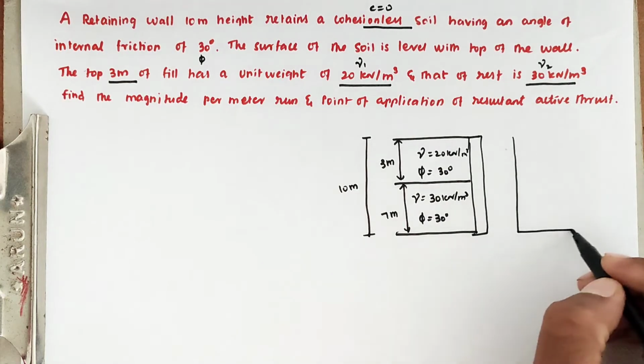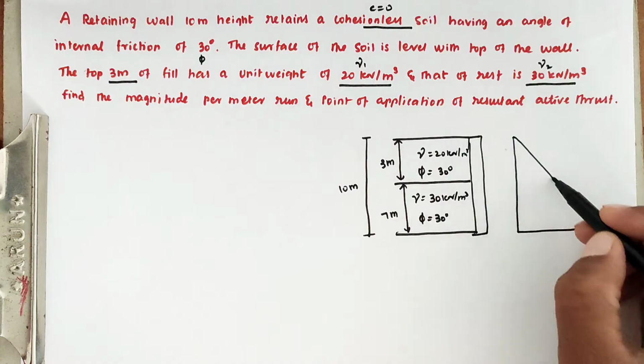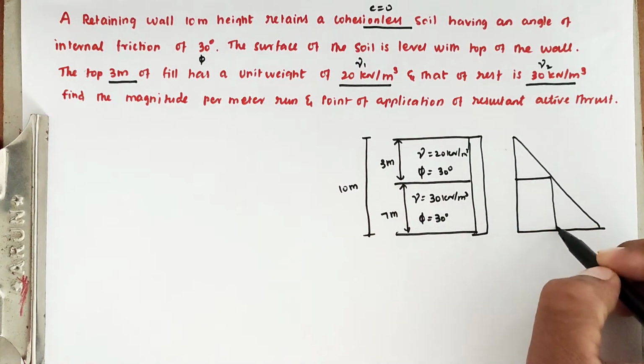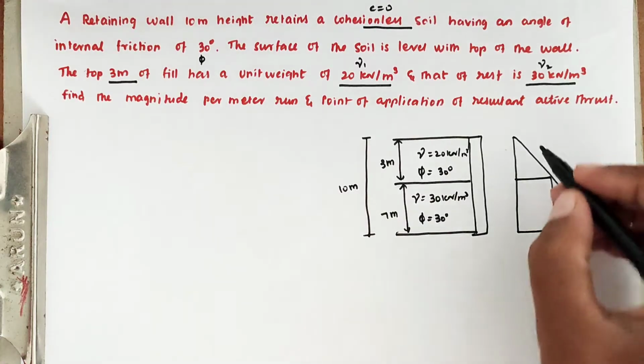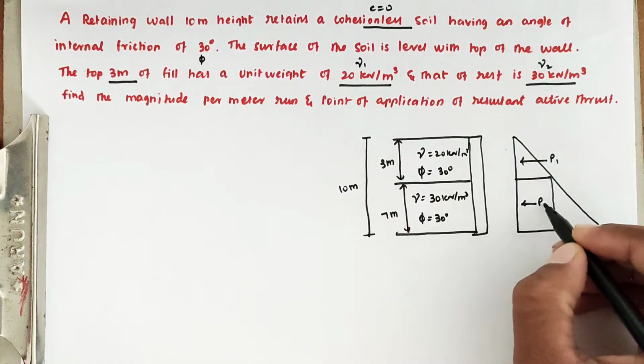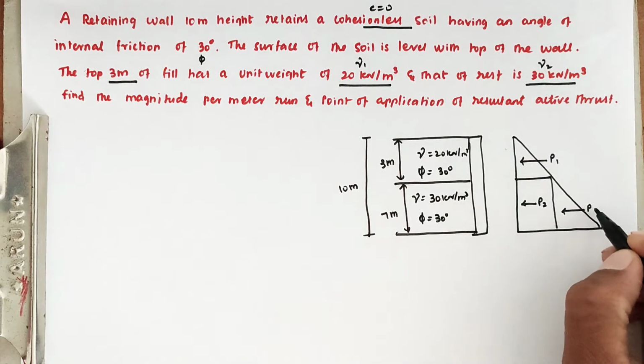So, the earth pressure diagram, with the layer cut here. Here acting is pressure P1, here pressure P2, here pressure P3.